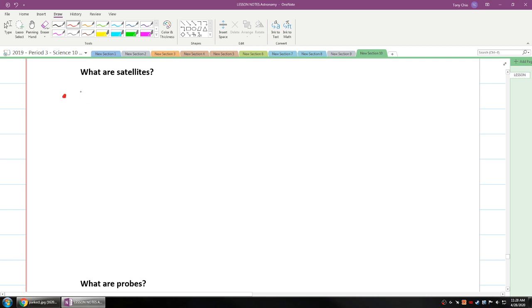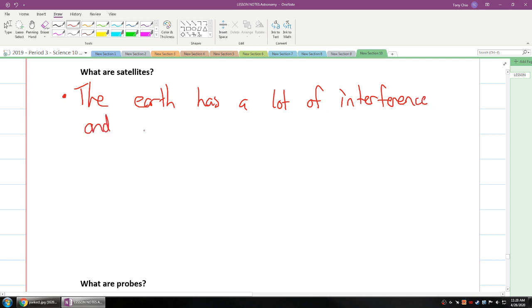Well, first of all, the Earth has a lot of interference and distortion from the atmosphere. So our atmosphere creates a lot of issues that scientists don't like to be under because they want to be in the vacuum of space to observe space.